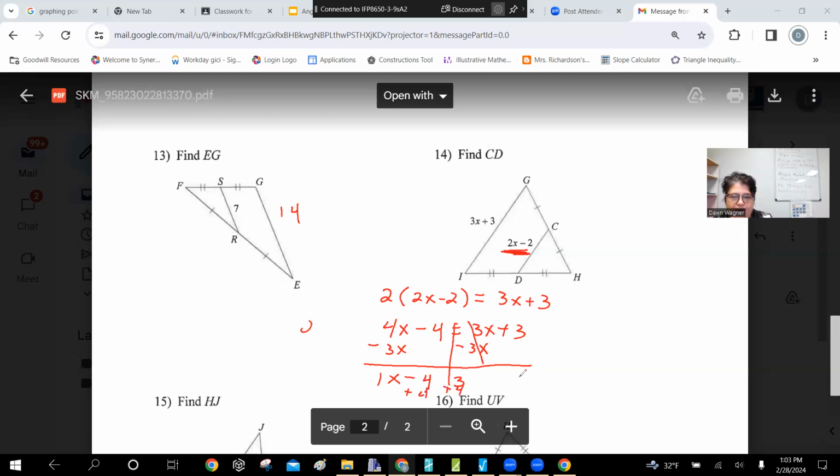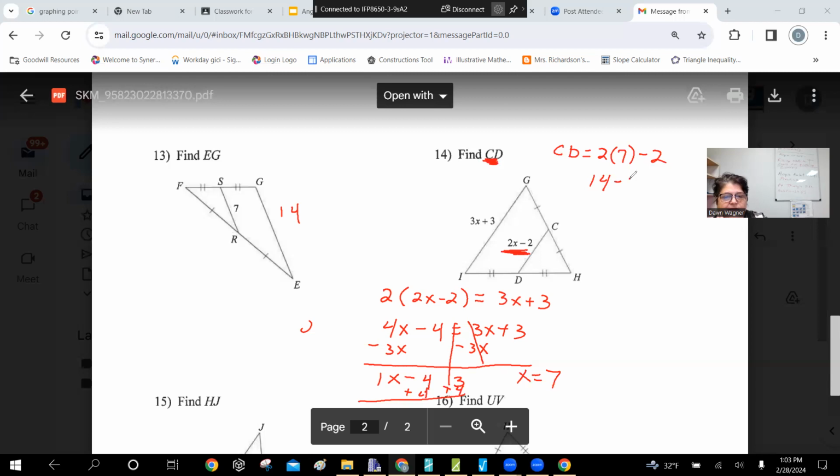Plus 4, x is equal to 7, right? Okay, but that's not what it asked up here, did it? It asked for CD. To find CD, once you get x, we have to substitute it back in. So CD is going to equal 2 times 7 minus 2. 2 times 7 is 14.